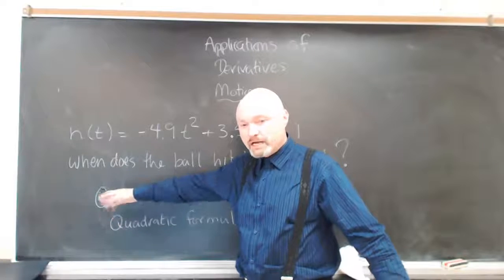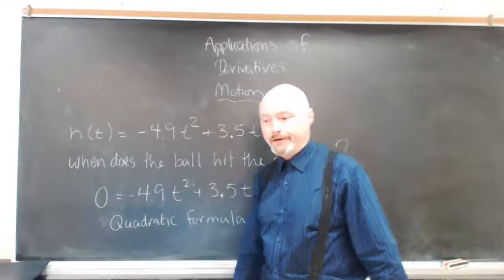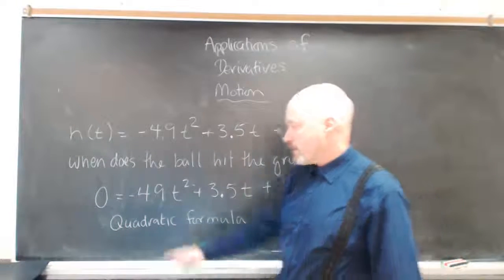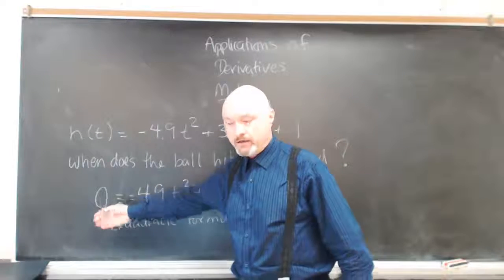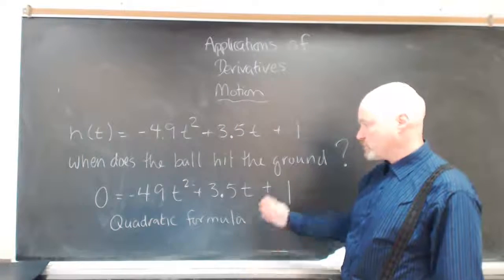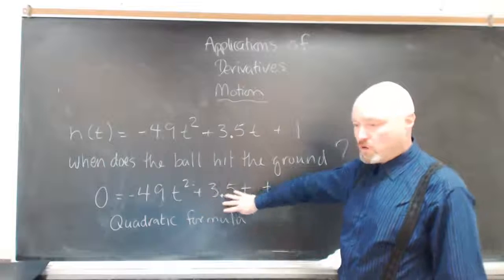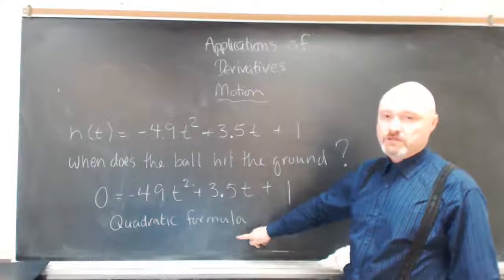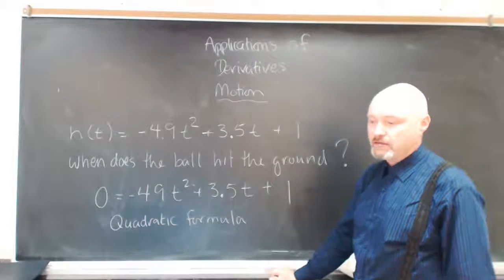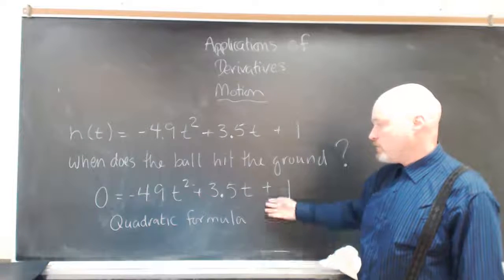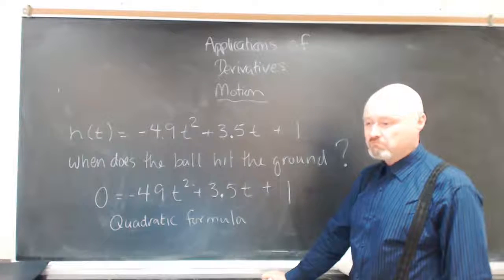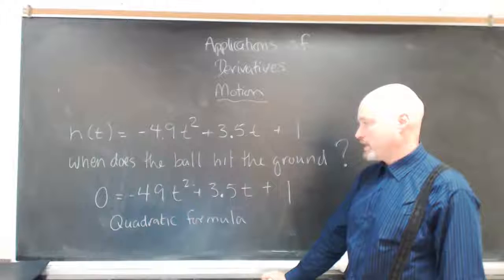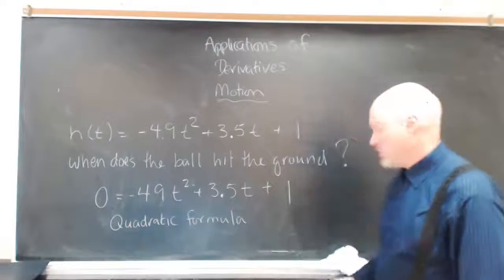Like the question might have been, when is it 2 meters above the ground? You'd put a 2 in here, subtract it from both sides, get the quadratic expression equal to 0, and use the quadratic formula after that. That would be the way I would attack that problem. It's the quickest way to do it.